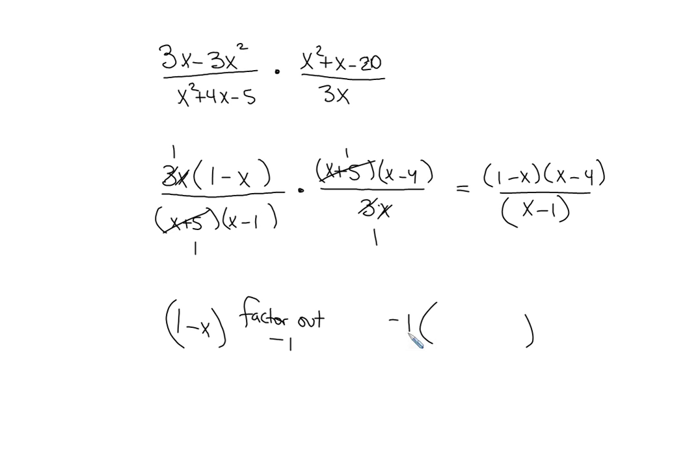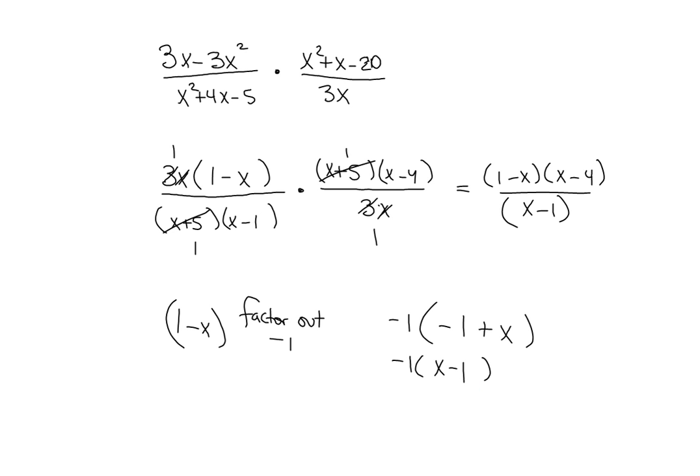So if I factor a negative 1 out, what does that leave me? Well, negative 1 plus x, right? Negative 1 times negative 1 is positive 1. Negative 1 times positive x is negative x. Do you see it? But how can I now rewrite this thing? Negative 1 plus x is really x minus 1.